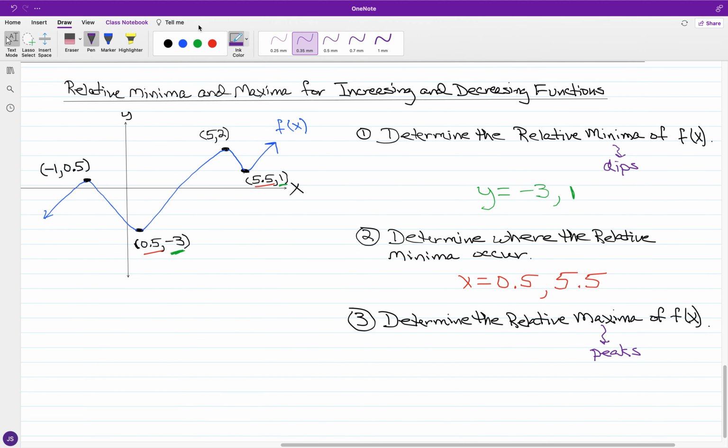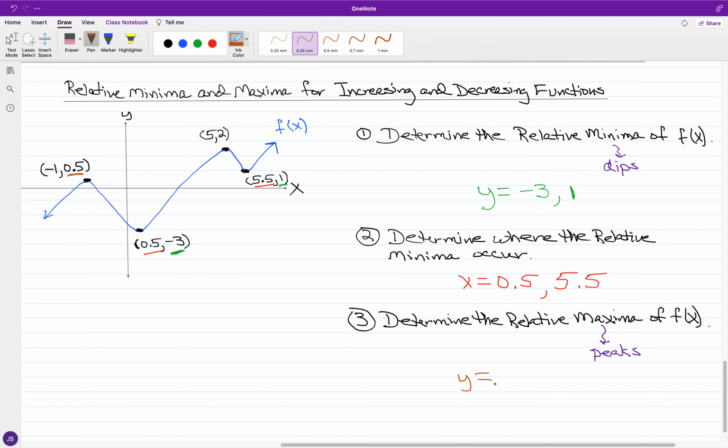Again, we're looking at y values. You have an increase, and you reach a peak before starting to settle down.